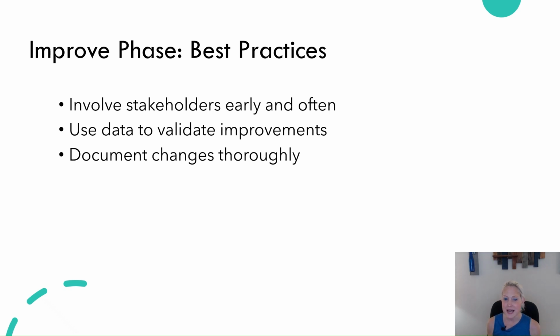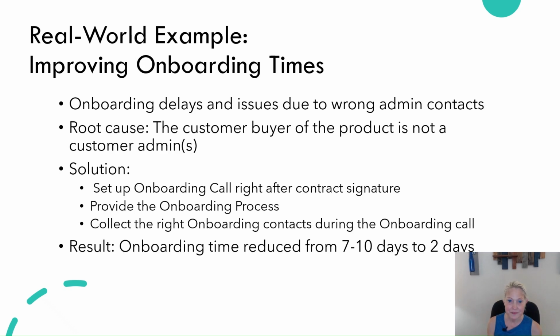We also use data to validate those improvements. So once we put those improvements into place, if you're one of my students, I do work with you to help you. We'll collect data. I will help you validate that. If you're a yellow belt, I will help you validate those improvements. But if you're a green belt or black belt, I will teach you how to do that. And then we document our changes thoroughly to make sure that we are training the people correctly.